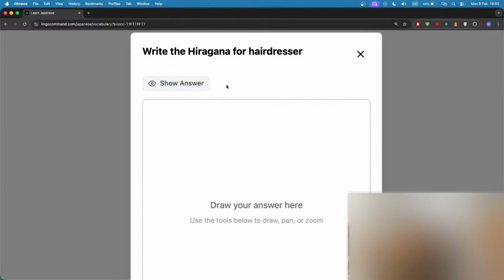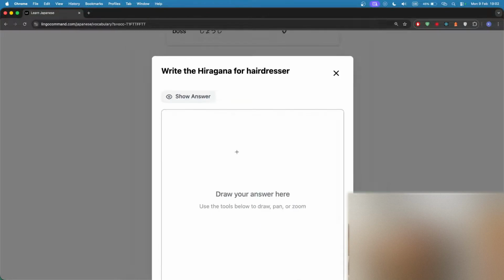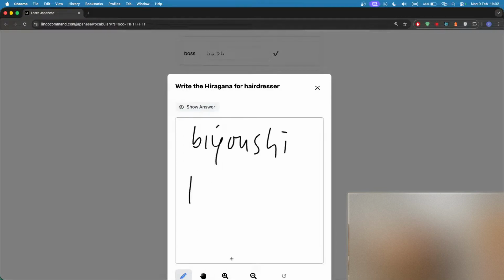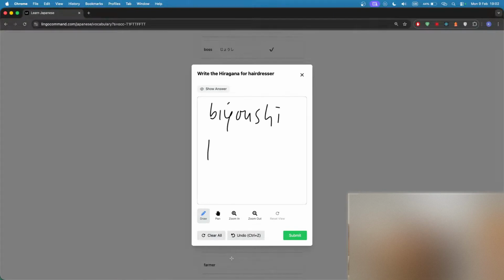Okay, so hairdresser. I think it's something along the lines of Biyoshi. So that's incorrect stroke order again. Sorry, I'm just sorting out some setup stuff here.